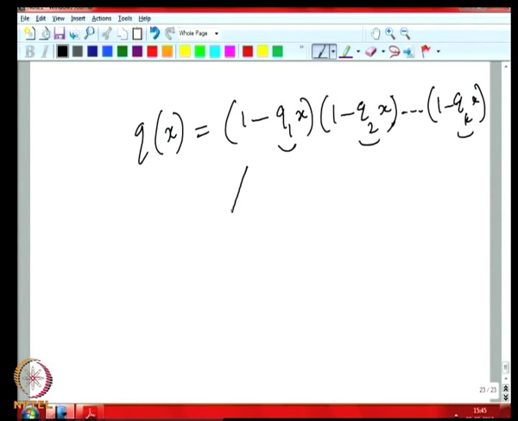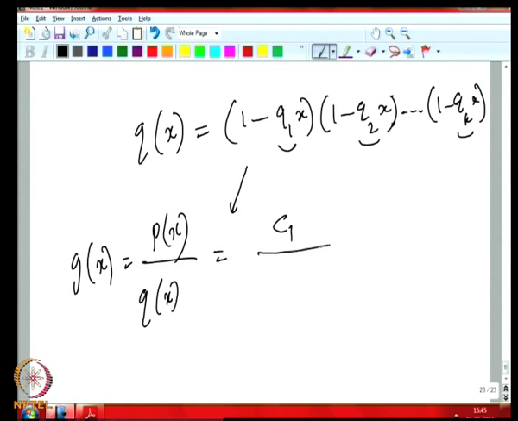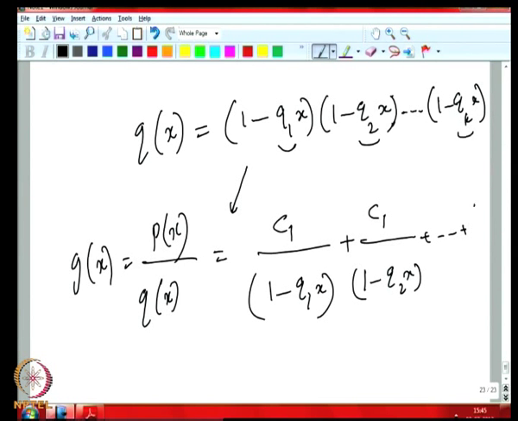Finally, when g of x is equal to p of x by q of x is converted into some form of this sort, it will look like this. Suppose q1, q2 and all of them were different, we will write the simplified form by the method of partial fractions like this, 1 minus q2 x and so on, c_k by 1 minus q_k x.